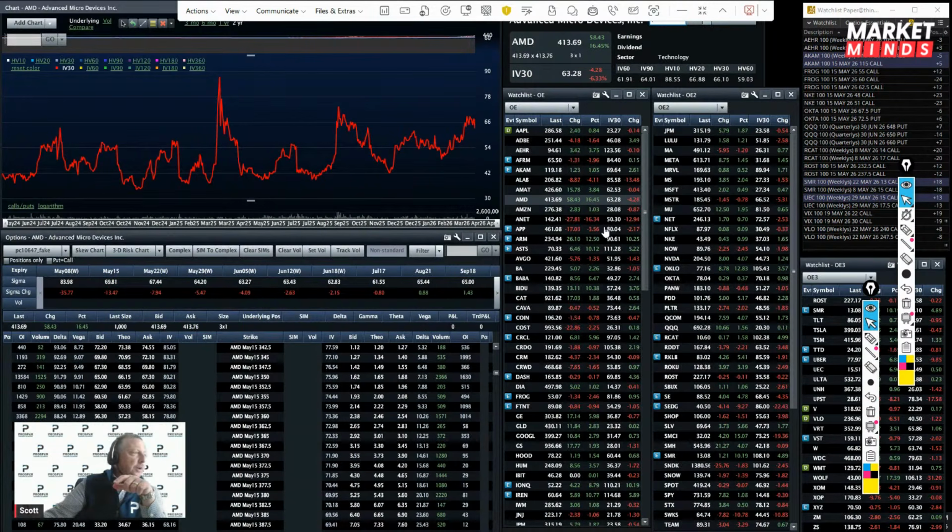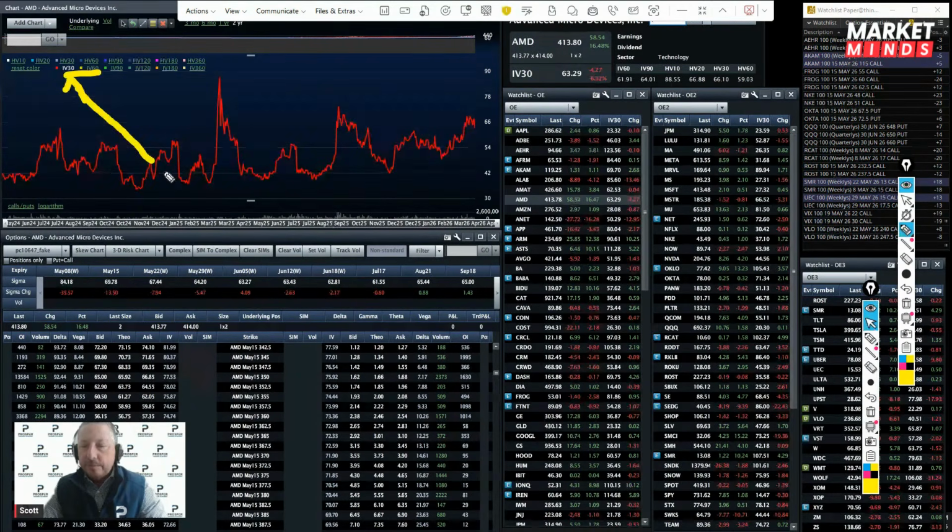IV30 means that we're looking at 30-day option implied volatility. Doesn't mean we can't measure that out for the year, but it's 30-day option implied volatility.